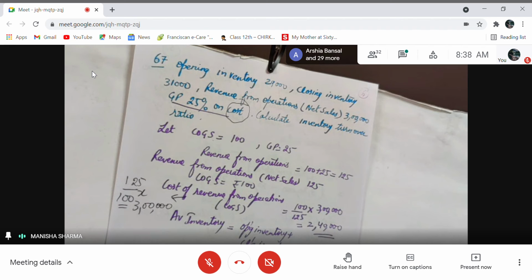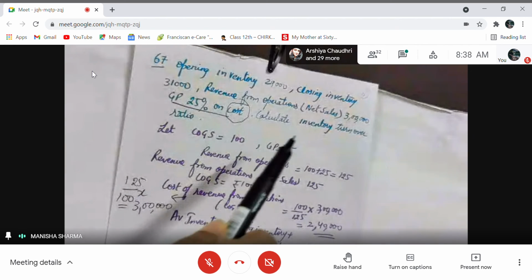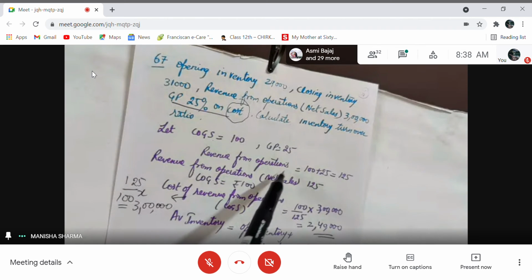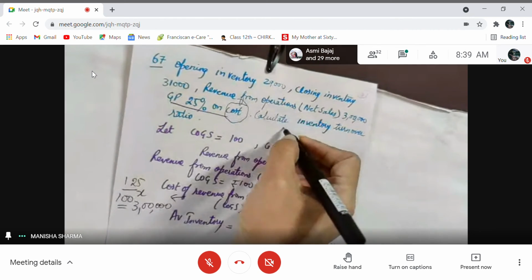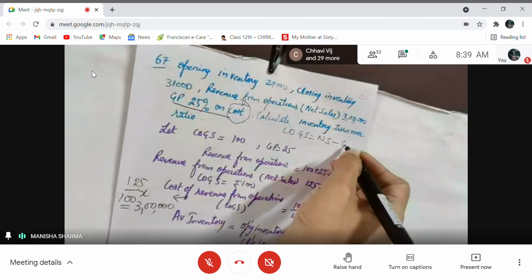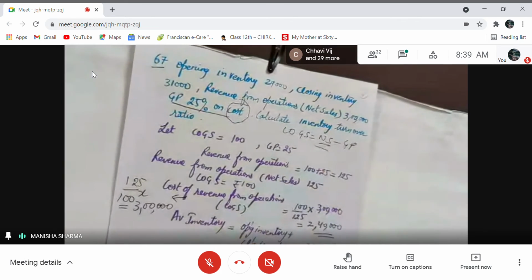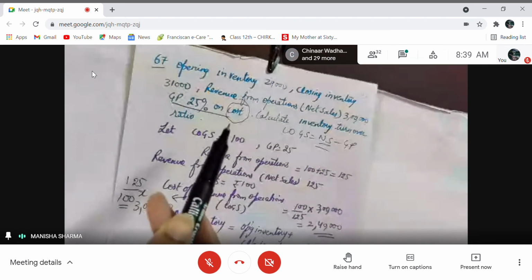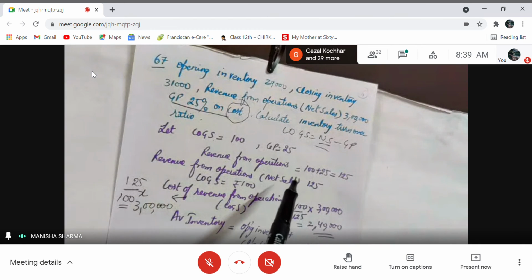So I have to assume the value of COGS as 100, GP as 25. COGS is equal to net sales minus GP, so if I want to find net sales, it would be COGS plus GP, right? So net sales or revenue from operations will be 100 plus 25, which is 125.